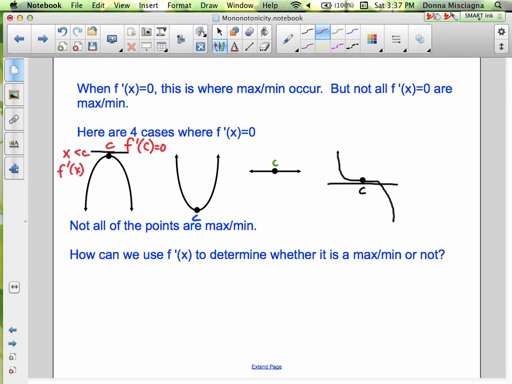Because our function is increasing, our derivative is greater than 0. Let's look for values of x that are greater than c. Now our function is decreasing, so our derivative here is going to be negative.